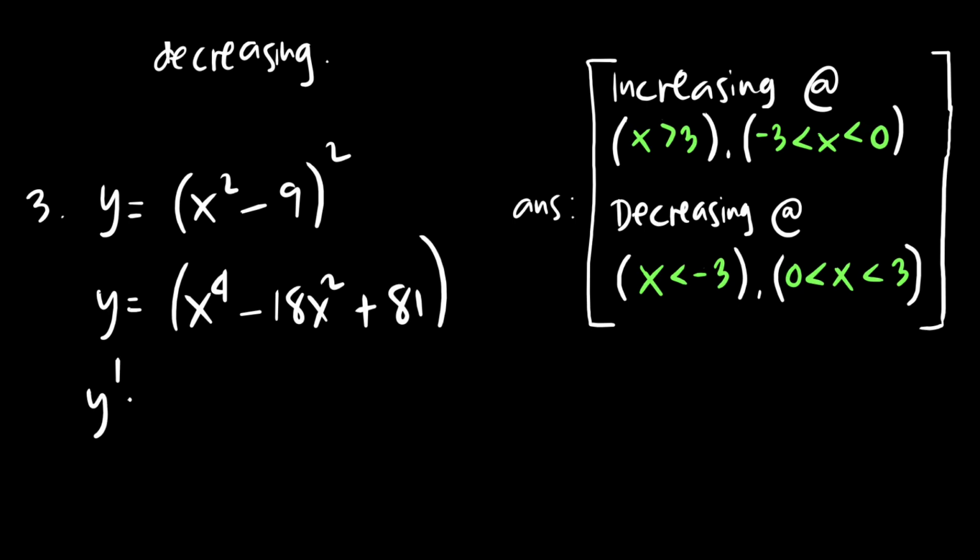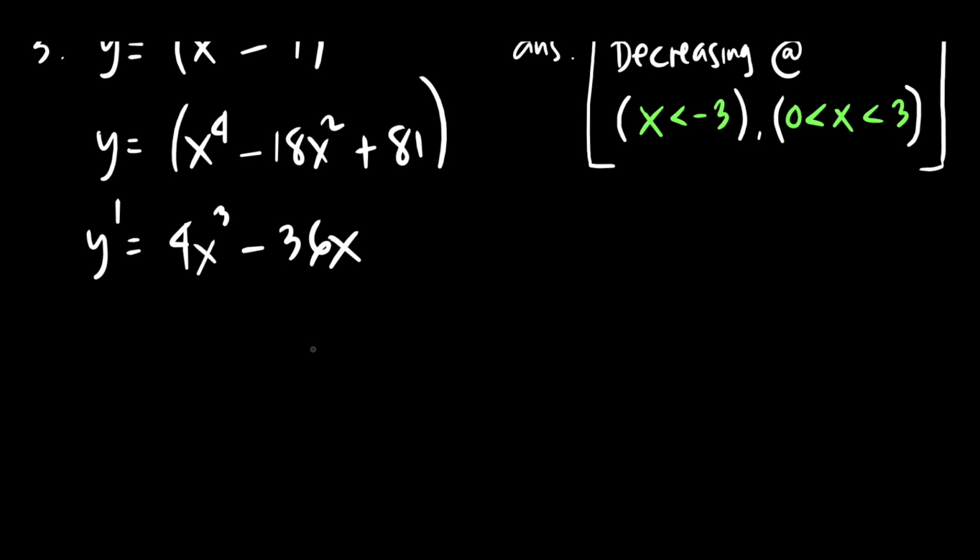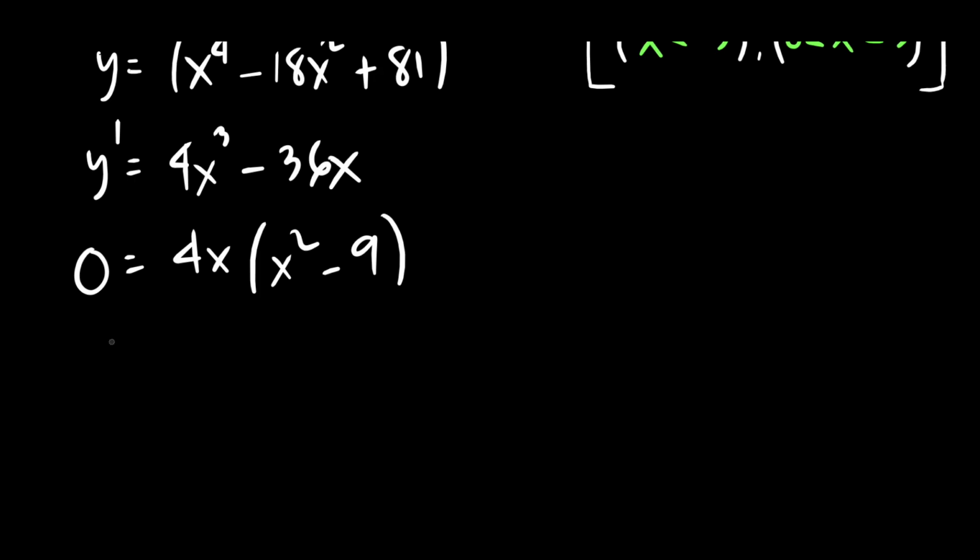So we get its y prime is just equal to 4x cubed minus 36x. So we'll equate it to 0 afterwards. So we'll have 4x multiplied by x squared minus 9. The first root: we'll equate 4x to 0, so x equals 0.